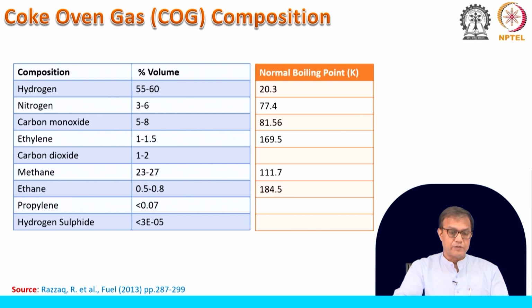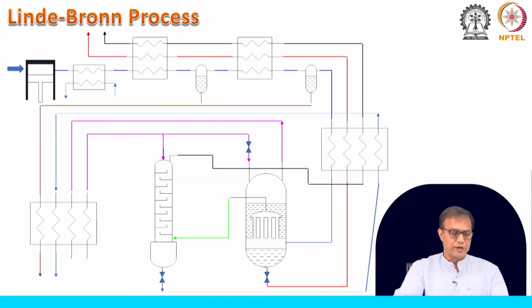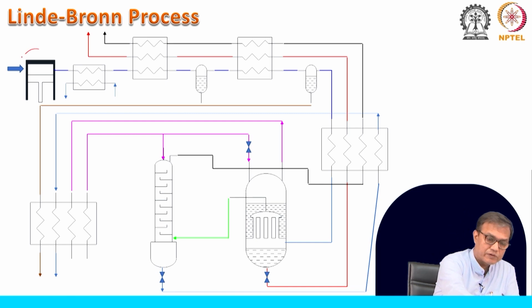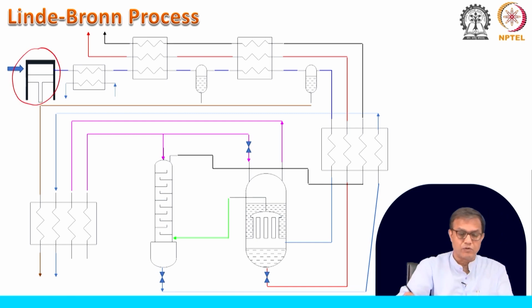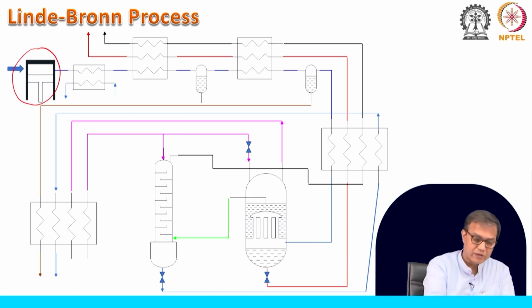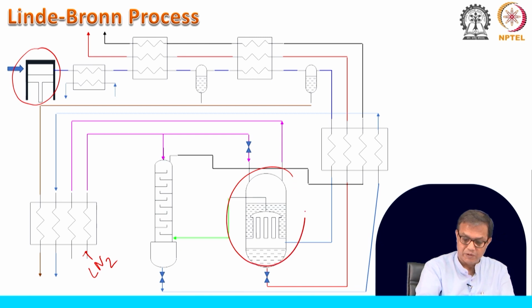This is another coke oven gas composition which we talked about in the earlier class. And then we learned about this Linde-Brown process, where we have a compressor in which we compress this coke oven gas, and finally that was cooled with the help of LN2 in this condenser evaporator.